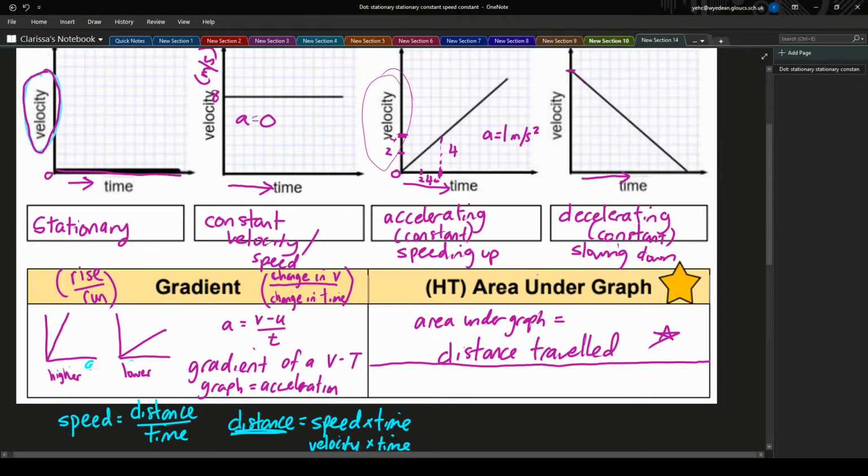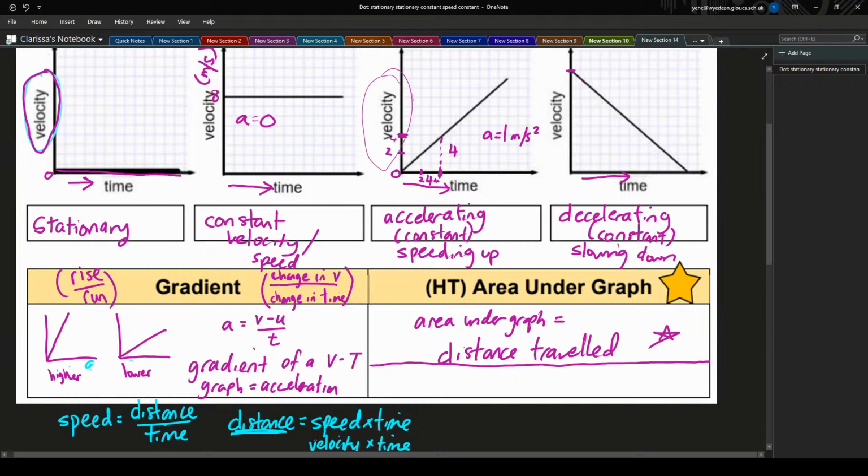To calculate the area under a graph, remember how it's base times height? Well, divided by 2. Base times height, but it's pretty much base times height. Base times height happens to be time times velocity, which is equal to the distance.